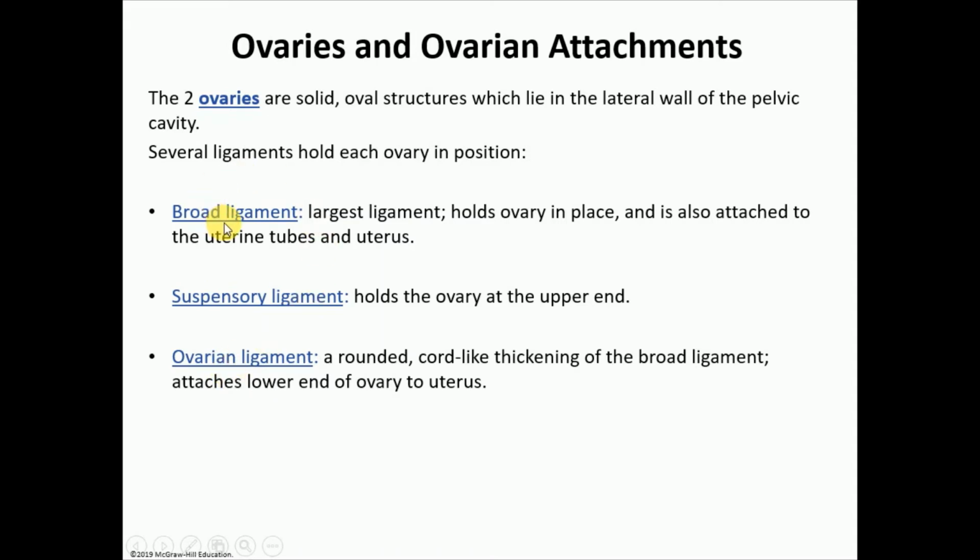The broad ligament is the biggest of all three. It holds the ovary in place, and it also is attached to the uterine tubes and the uterus. There's the suspensory ligament that holds the ovary or kind of suspends it from its upper half. And then there's an ovarian ligament that attaches the lower end of the ovary to the uterus.